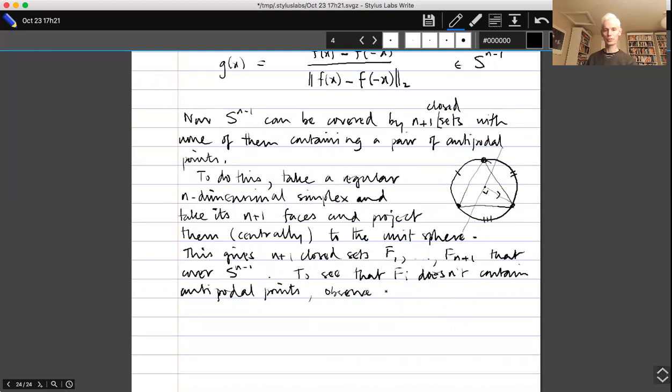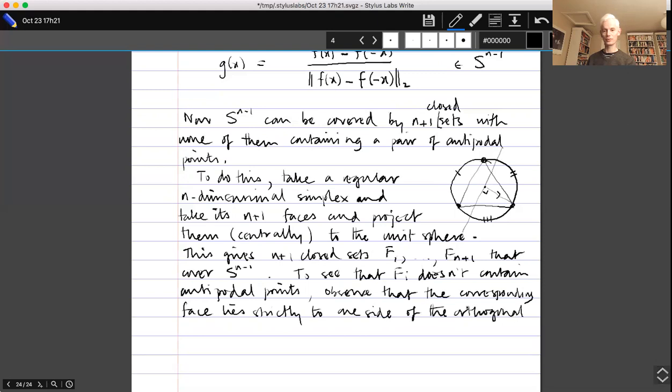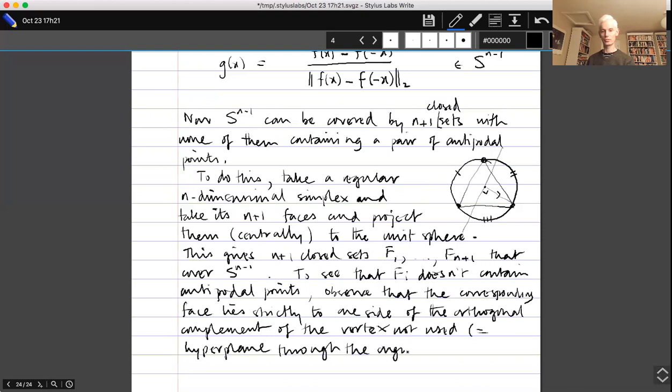observe that the corresponding face of the simplex lies strictly to one side of the orthogonal complement of the vertex not used, or actually the hyperplane through the origin parallel to that face.